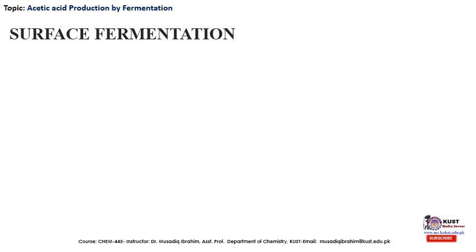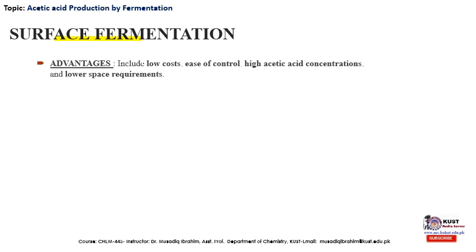Now, in terms of surface fermentation, there are some advantages and disadvantages for this method. The advantages include low cost, ease of control of the process, high acetic acid concentrations meaning high yield, and lower space requirements.